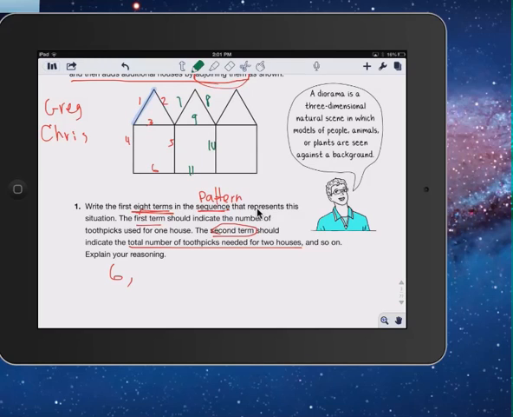Why didn't I count 12? Why did I only count 11? Yes, Gregory, tell me. Okay, so she didn't put 12 right there, because one part is used for the second house. Was that right?